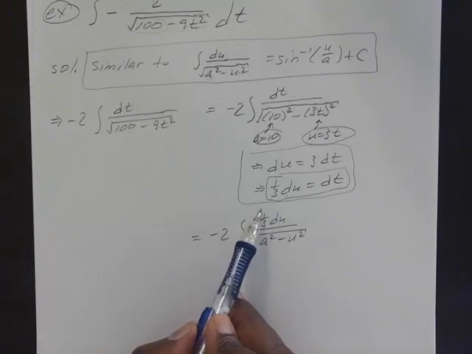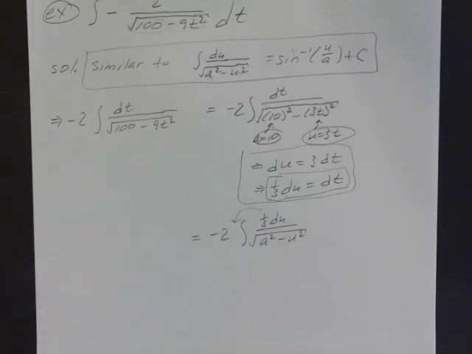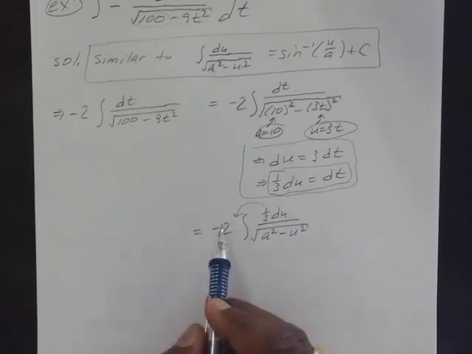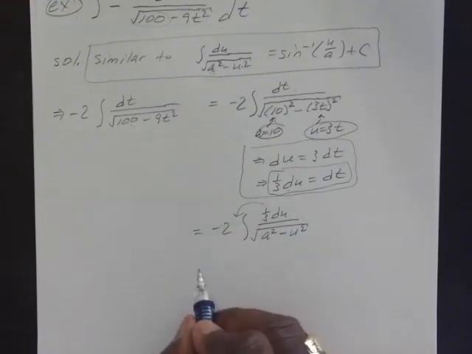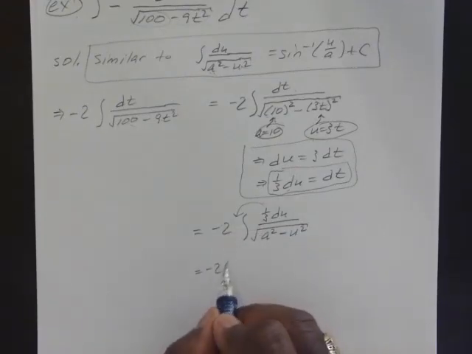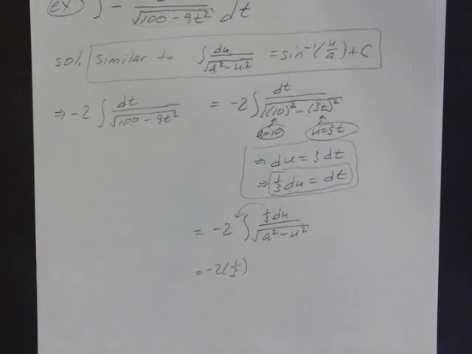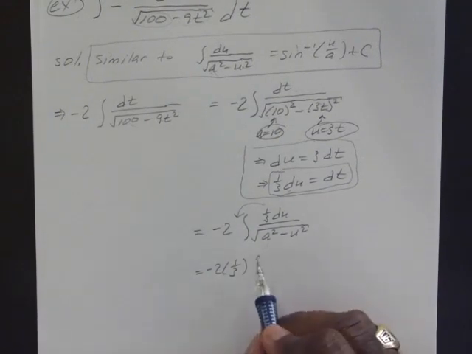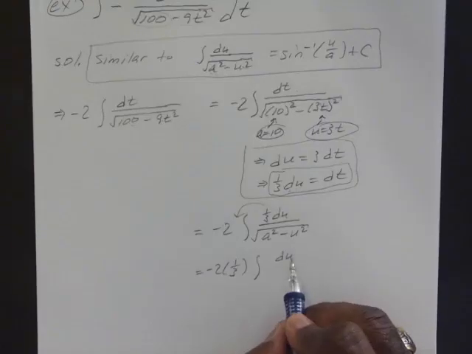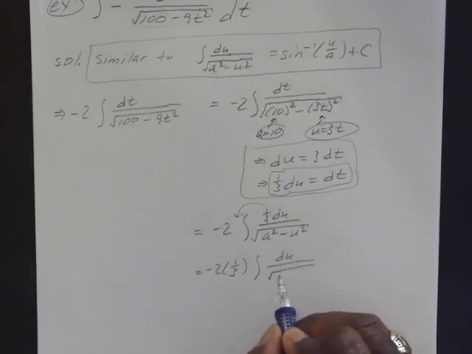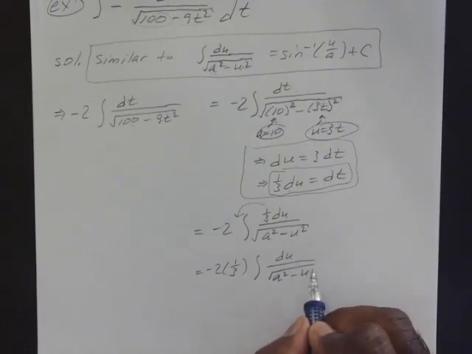Okay, and that 1/3, just going to factor that right out to the front. So we have -2 times 1/3, which I'll just write as -2 times 1/3 for now, times the integral of du over the square root of a squared minus u squared.